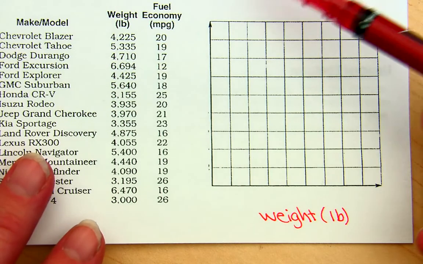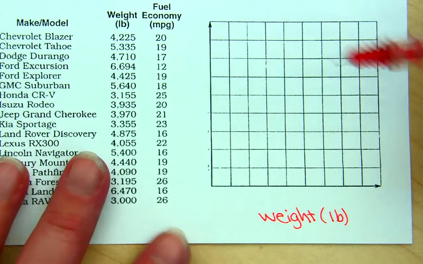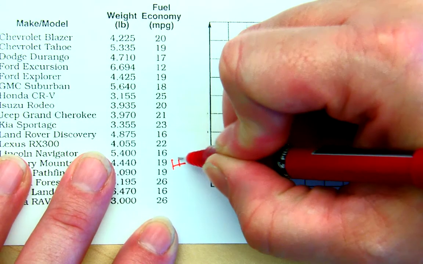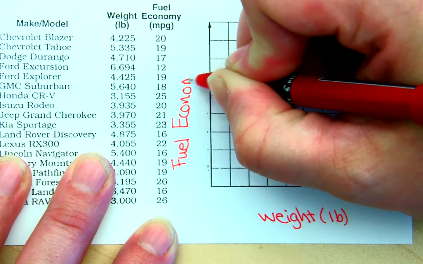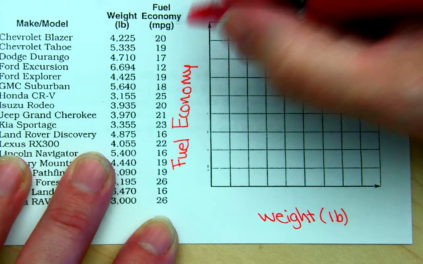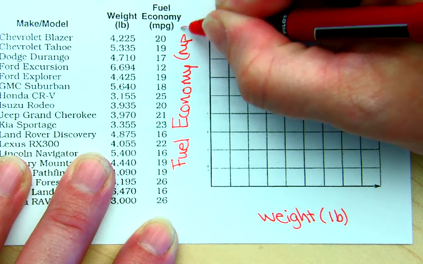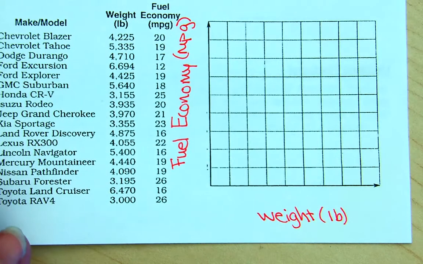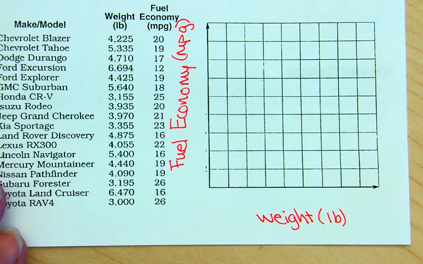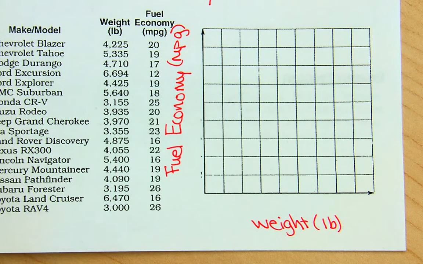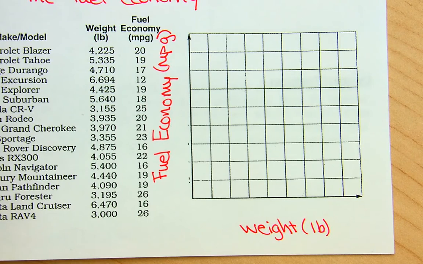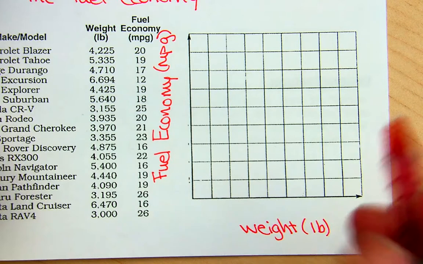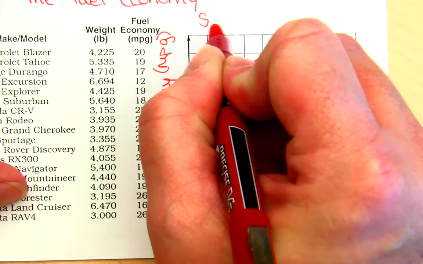And then the response variable will be along the y-axis, so fuel economy here, miles per gallon. And then our title, I would say, what kind of vehicles are we talking about? We're talking about sport utility vehicles, so that's what I'm going to put as my title.